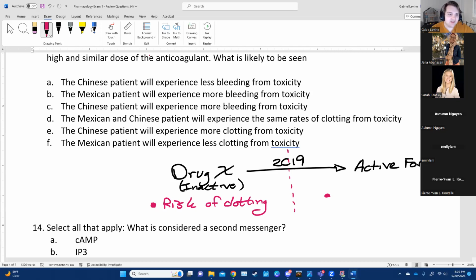What is the benefit of having an anticoagulant? What is that going to do? Yeah, we are going to decrease clotting.